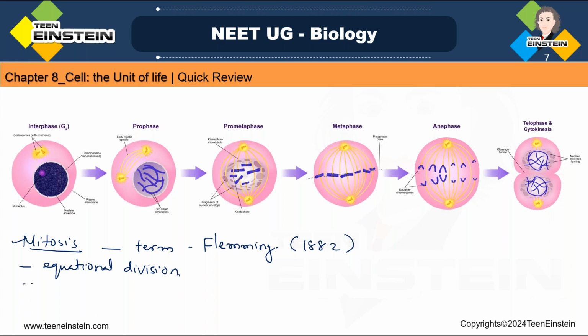After division, two daughter cells are formed with identical genetic constituency.